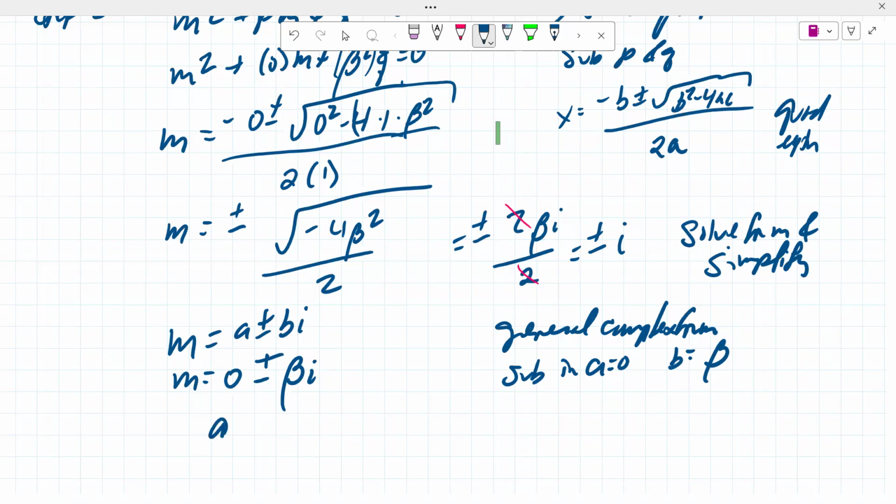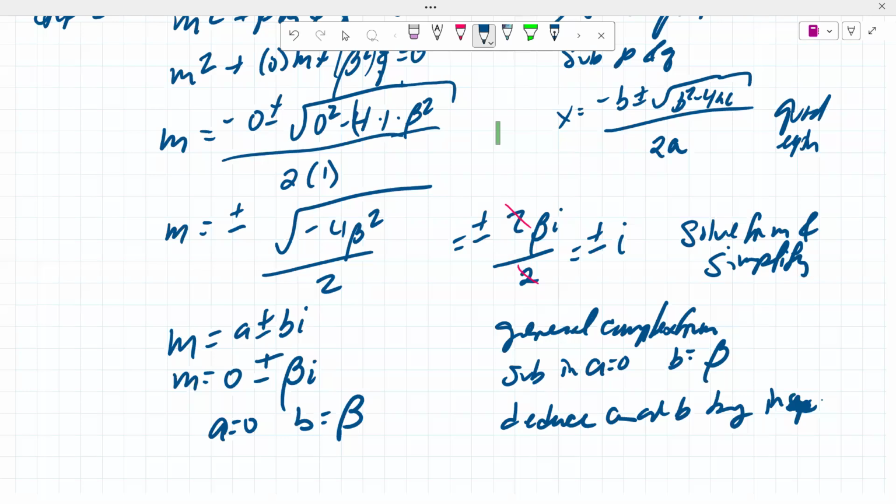So A equals 0 and B equals beta. We reduce A and B by inspection.